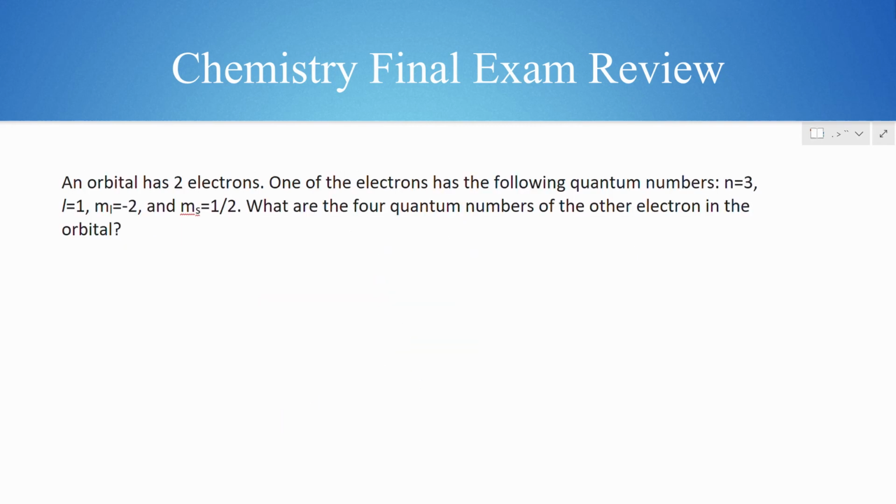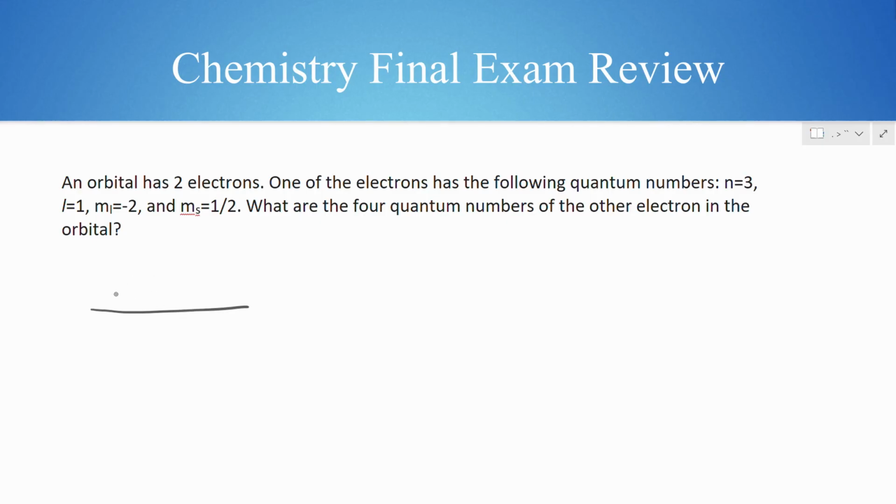An orbital has 2 electrons. One of the electrons has the following quantum numbers: n equals 3, L equals 1, m sub L equals negative 2, and m sub S equals positive 1/2. What are the 4 quantum numbers of the other electron in the orbital? Well, first of all, we know that in one orbital, like written in electron configuration, a max of 2 electrons can fit.